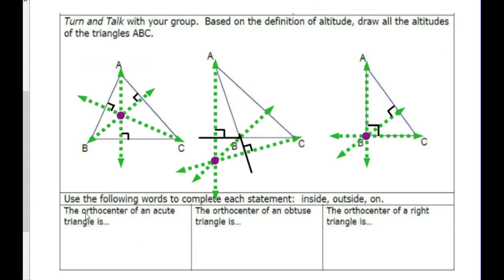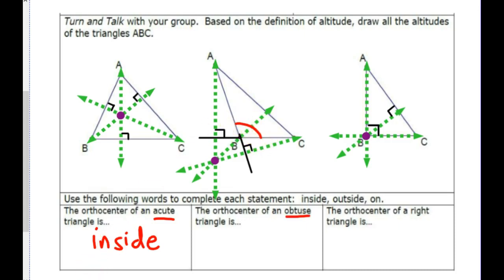So right now you're just doing a sketch. Okay, we're going to do some examples on the back together. But I want you to notice, what kind of triangle is this first triangle? Acute, obtuse, or right? Acute. So let's fill in this bottom blank. If it's acute, the triangle's orthocenter is where? Inside. What kind of triangle is the second one?